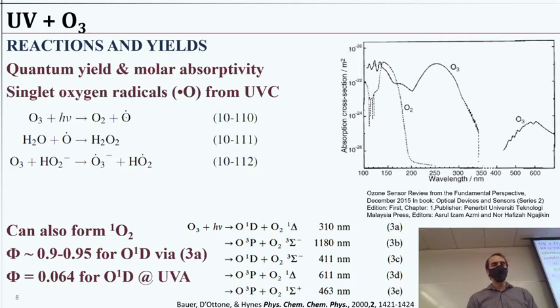We'll talk more about singlet oxygen next time, but it is a reactive species. It's not technically a radical, like the O dot is a radical, and it does get confusing because the O dot is a singlet oxygen atom, so we would maybe call that a singlet oxygen radical, whereas if we have molecular oxygen that is excited to the singlet state, then we call that singlet oxygen. So it's a little confusing there.